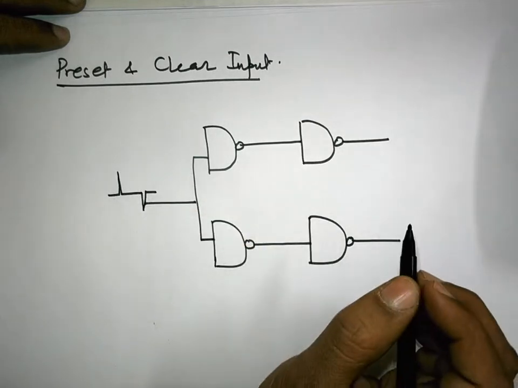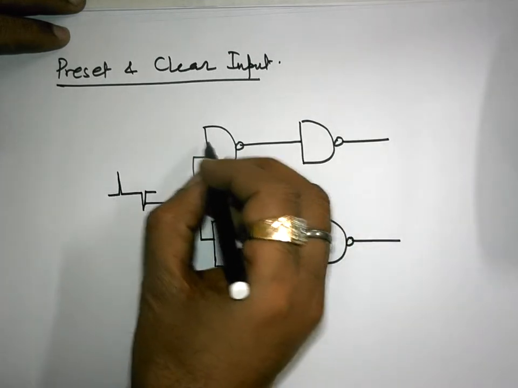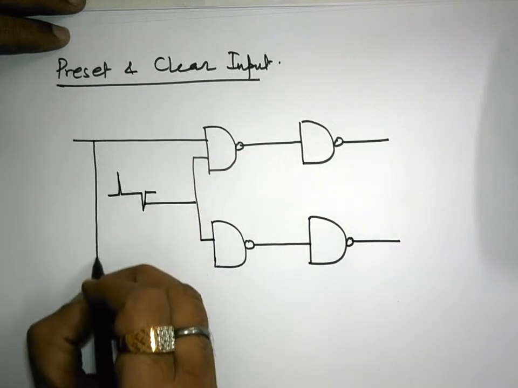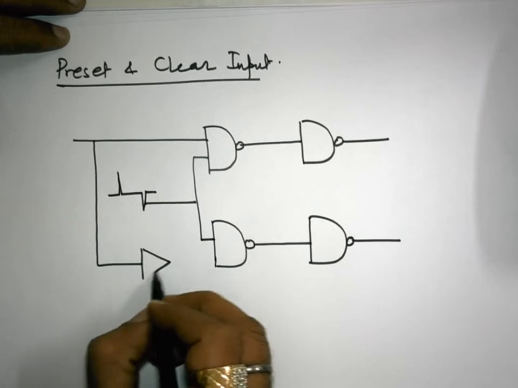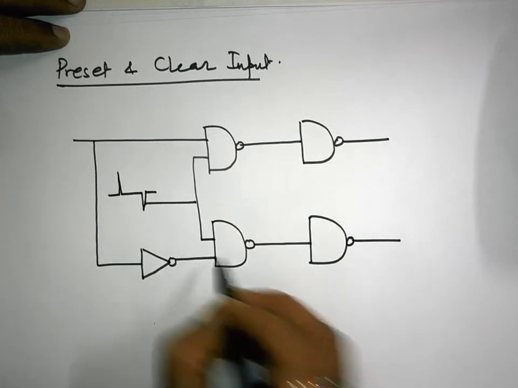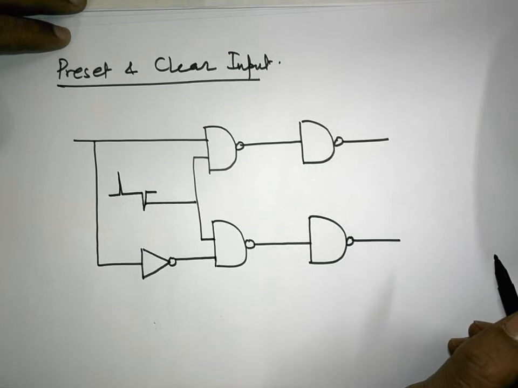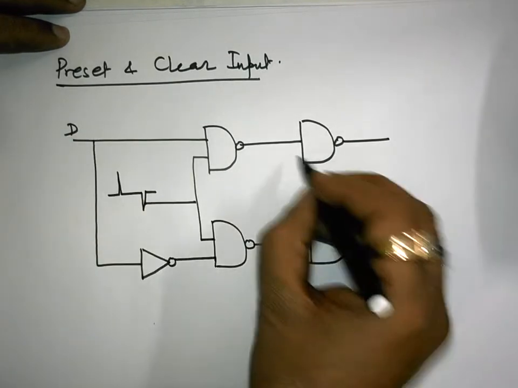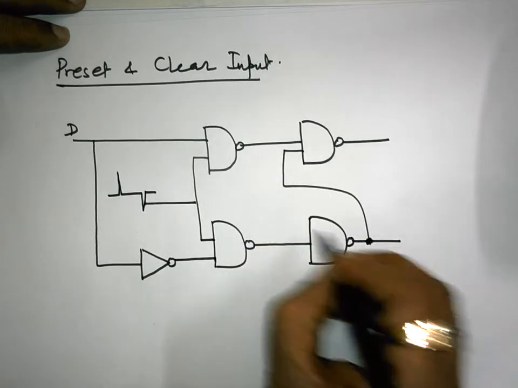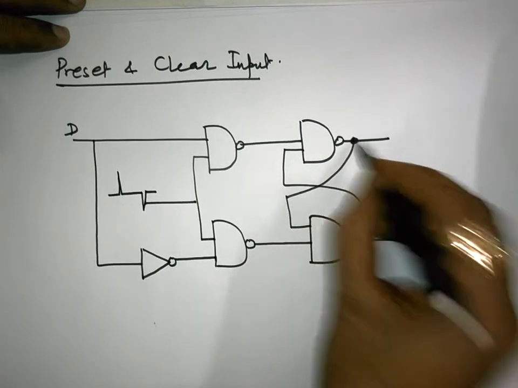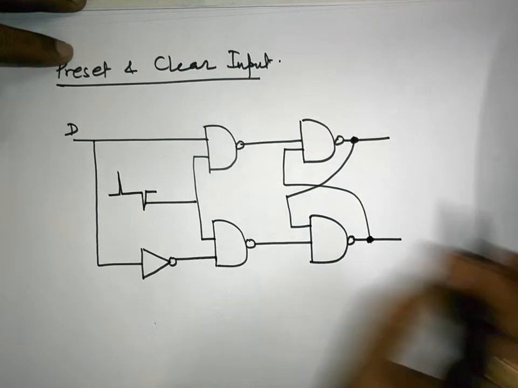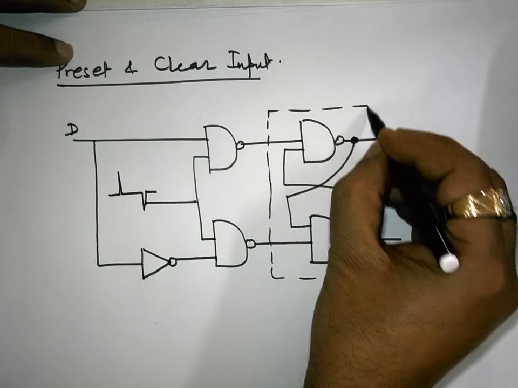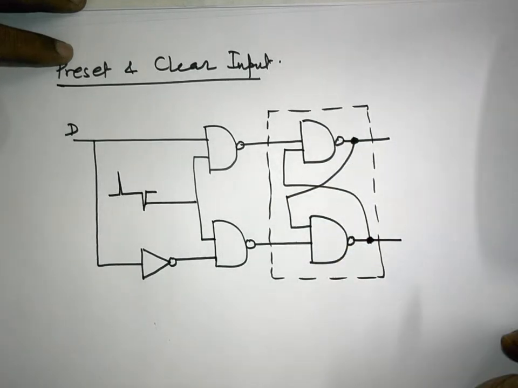Here at the input of this we are giving edge clocking, and these inputs are applied like this. And this is the SR latch which makes any decision for what will happen at the output. Okay.